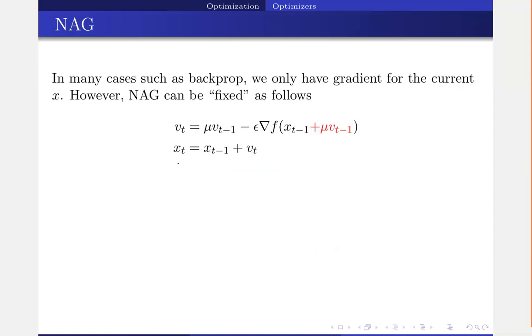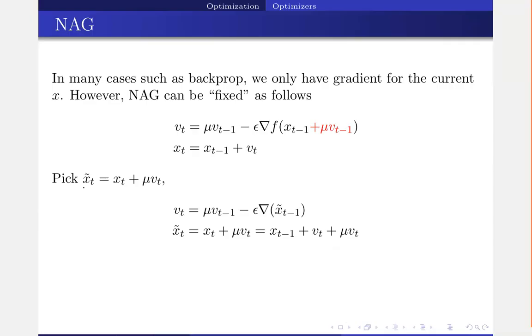We can modify that. Think of this as the original NAG. If I reparameterize it, with this as x t, and this one as x tilde t minus 1, then I can reparameterize everything. Then x tilde t is equal to this guy, and x t is equal to this one minus mu v t.